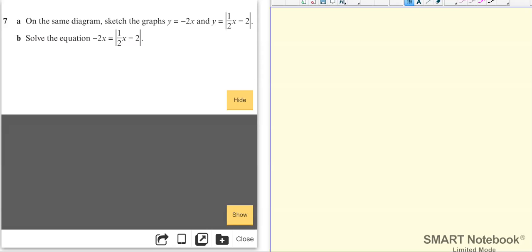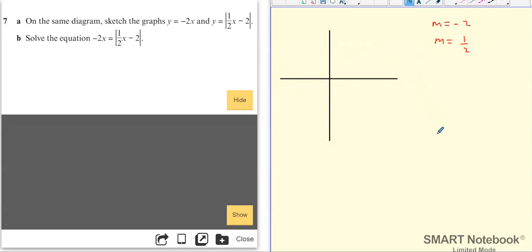So we've been asked to sketch on the same diagram. So I'm going to start off with minus 2x. That's nice and simple. One thing I want you to pay attention to is the gradient. We've got m equals minus 2 and we've got m equals 1/2.